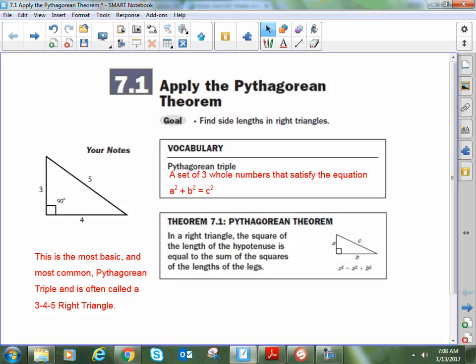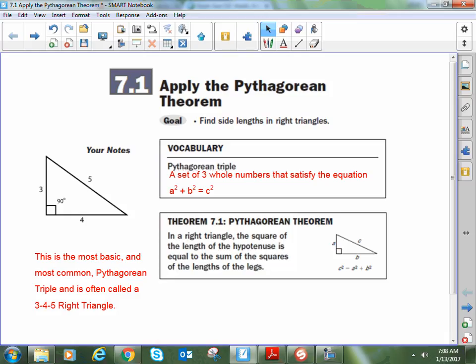Now the purpose of familiarizing yourself with some common Pythagorean triples is really as a time saver. If you were given a right triangle where the two legs were 3 and 4, you don't actually have to do the Pythagorean theorem to recognize that the hypotenuse would have to be 5, because it's a Pythagorean triple.